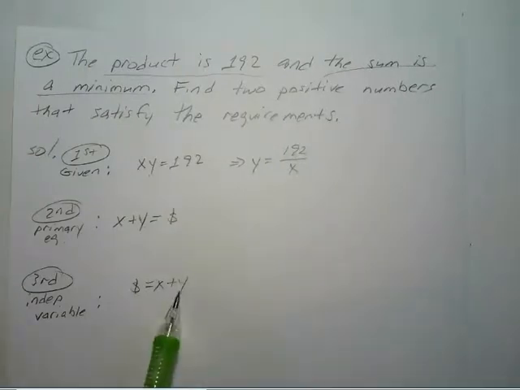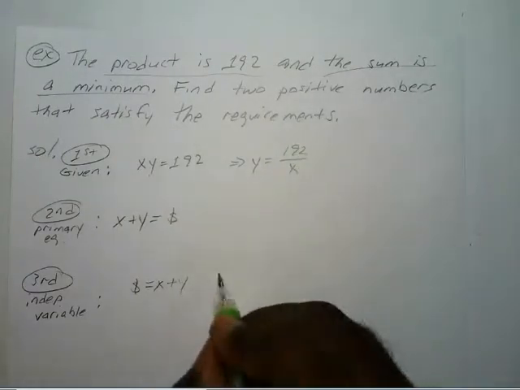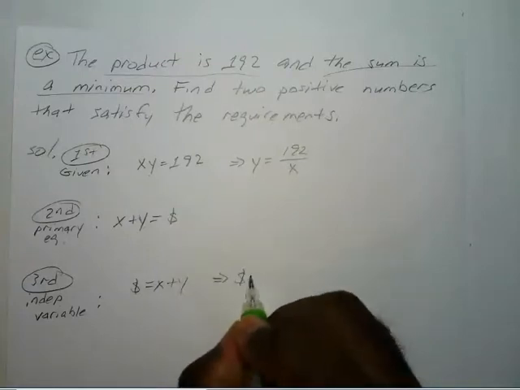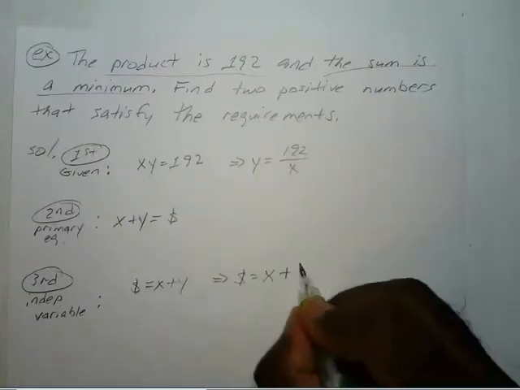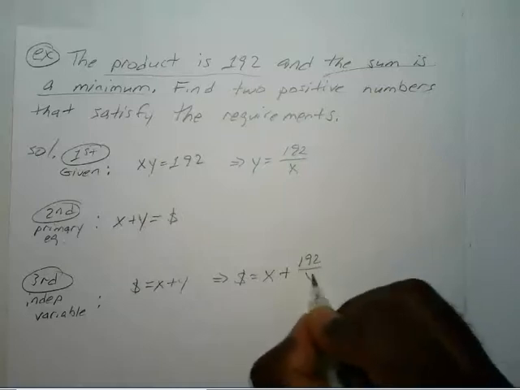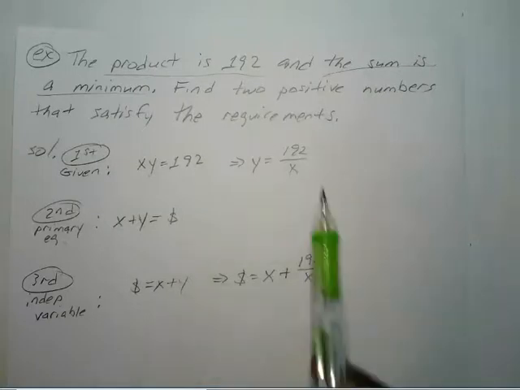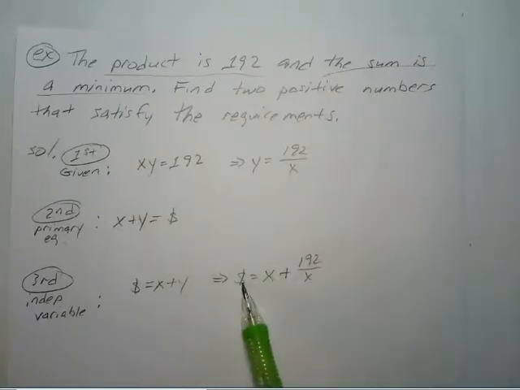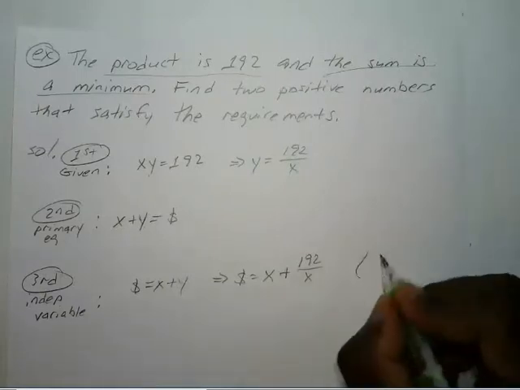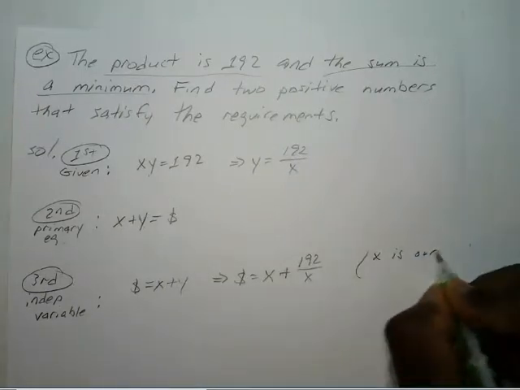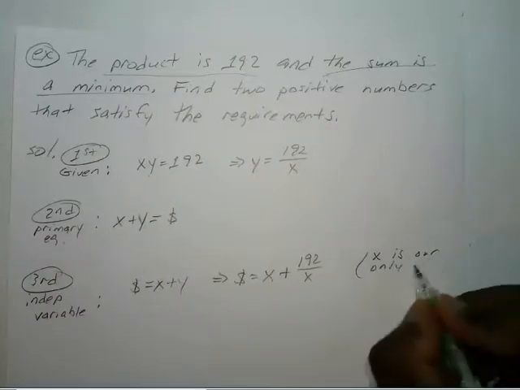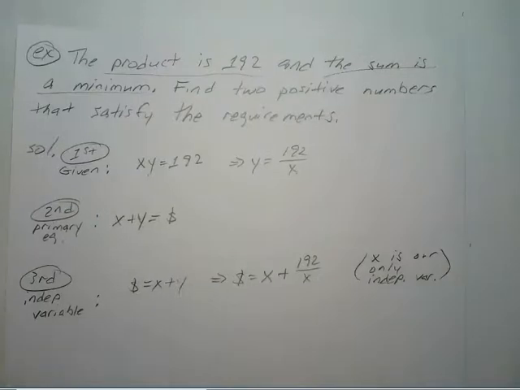Now we can replace y with 192 over x, so s equals x plus 192 over x. That takes us from two independent variables to just one. So s is just a function of x, and x is our only independent variable. That's how that third step would look when changing from two independent variables to one.